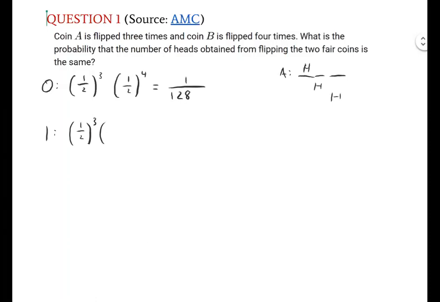So you'll do 3 choose 1. And you do the same thing for coin B. You have 1/2 to the 4th, and you have to choose which time you flip a head. So if you flip the coin 4 times, you just have to choose 1 time that it will be heads. So this is just equal to 12 over 128.